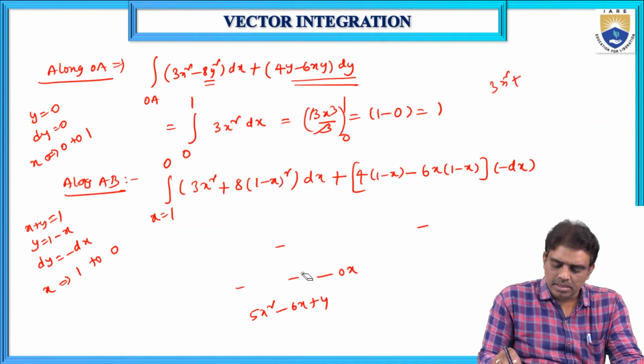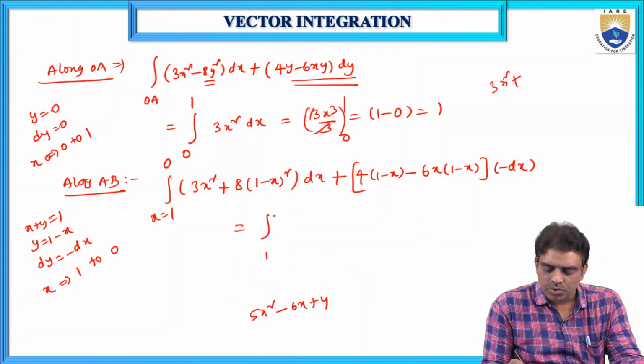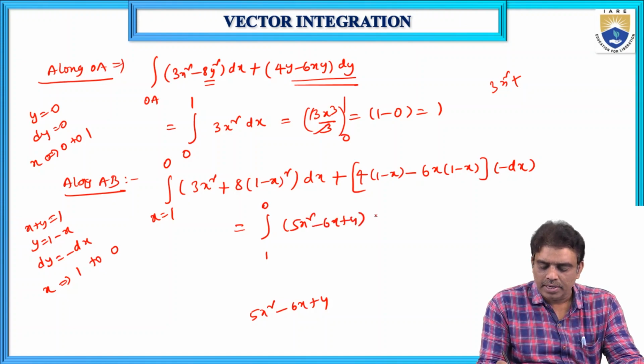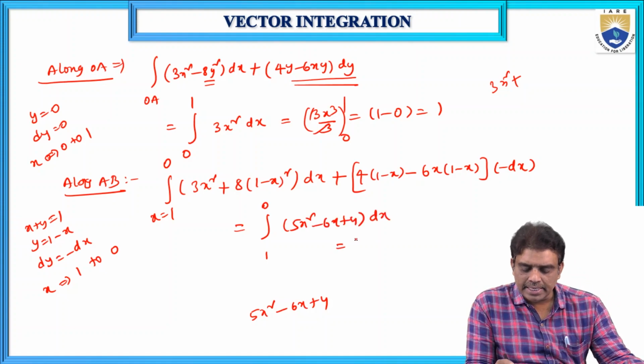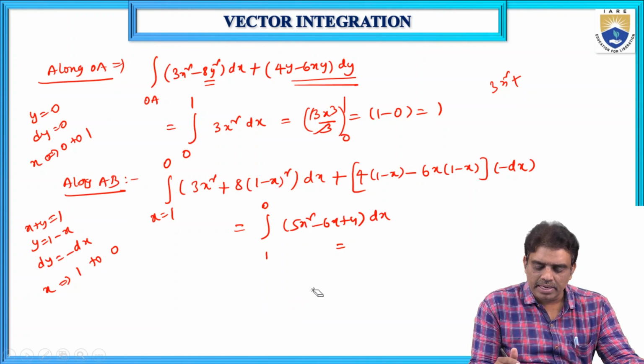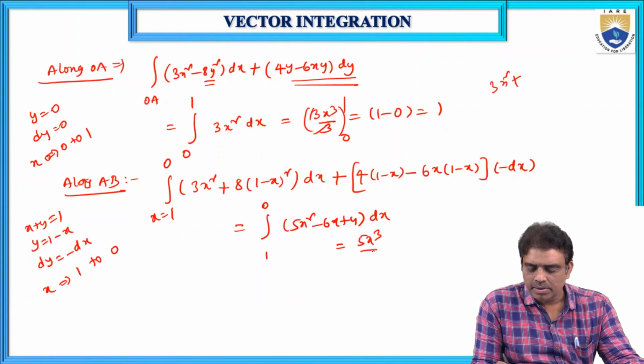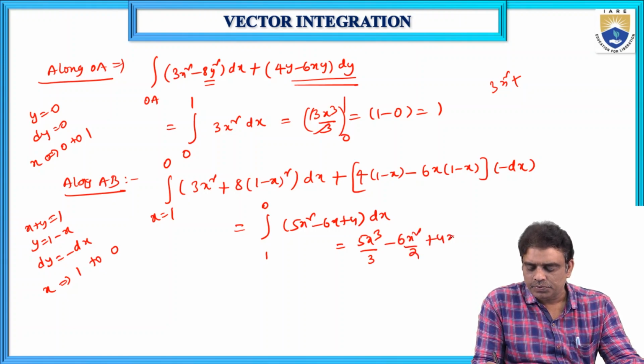After simplification, this is the integral from 1 to 0 of (5x square minus 6x plus 4) dx. So what is the integration? 5x cube by 3 minus 6x square by 2 plus 4x between 1 and 0.